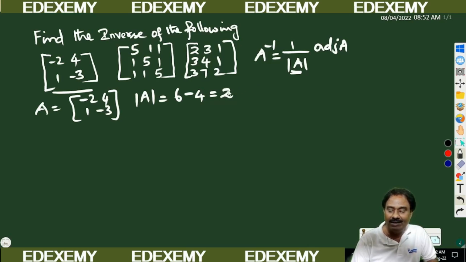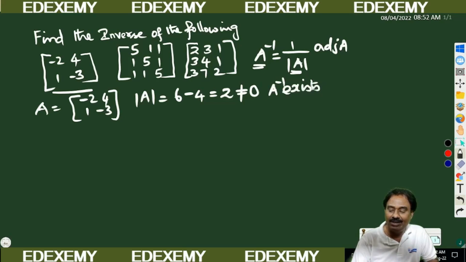If this is equal to 0, then the matrix is a singular matrix. A inverse does not exist for singular matrices. This determinant value must not be equal to 0, then only A inverse exists. If it is not equal to 0, then A is called a non-singular matrix. A inverse exists only if A is non-singular.